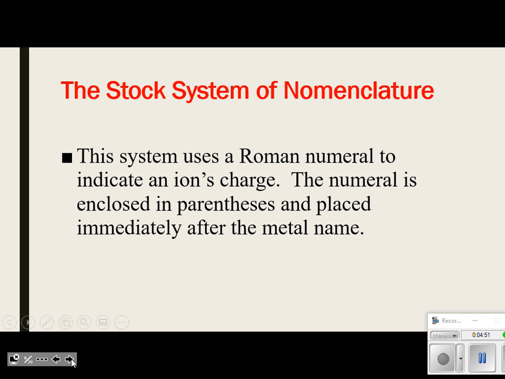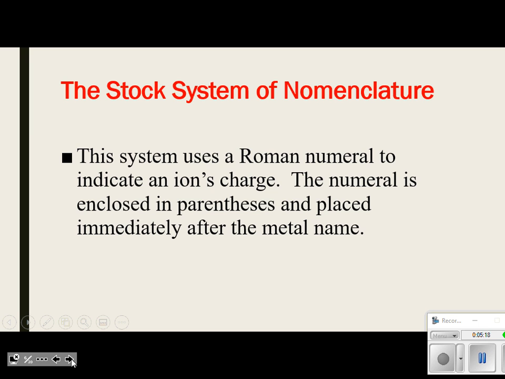The stock system uses Roman numerals to indicate the ion's charge. The numeral is enclosed in parentheses and is immediately after the metal. So if we would have iridium, parentheses, IV, IV is the 4, so that would have told you that was iridium.